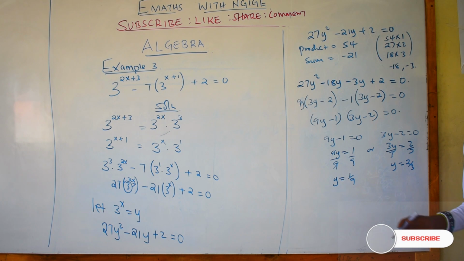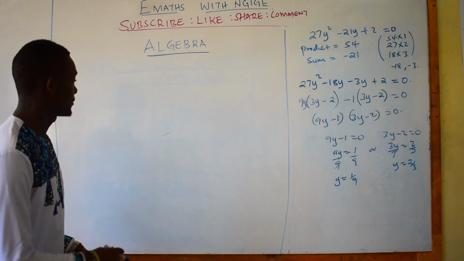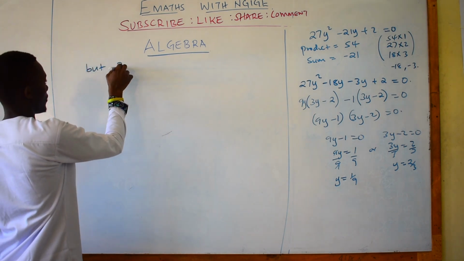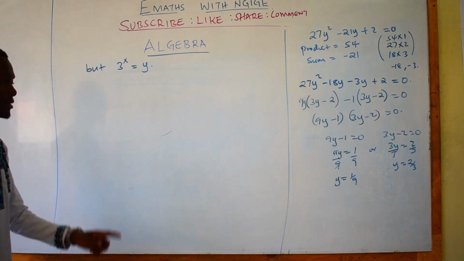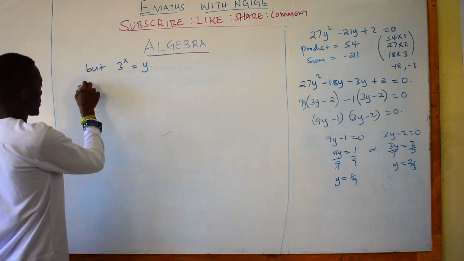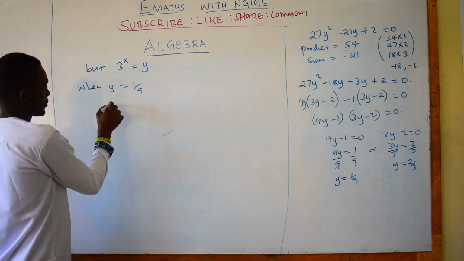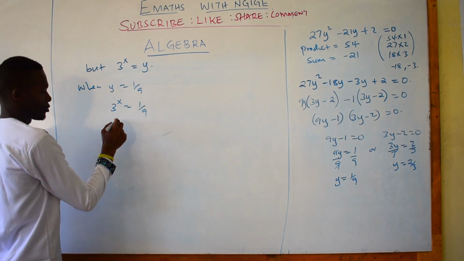But remember, y is not the solution. We need the values for x. Remember, y was given by 3^x. So taking y = 1/9, we now have 3^x the same as 1/9.